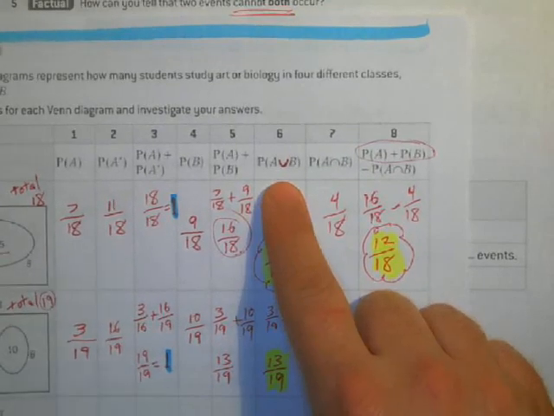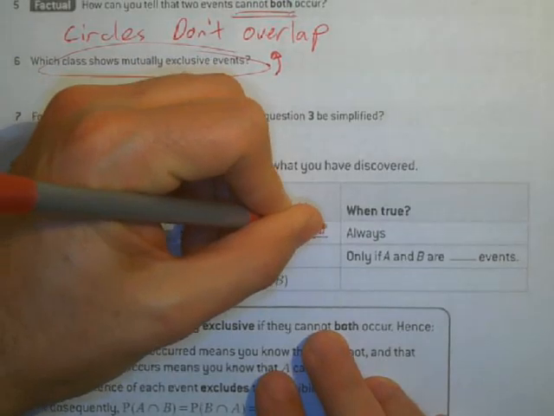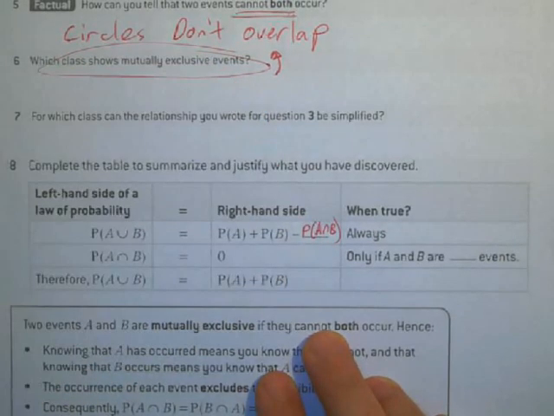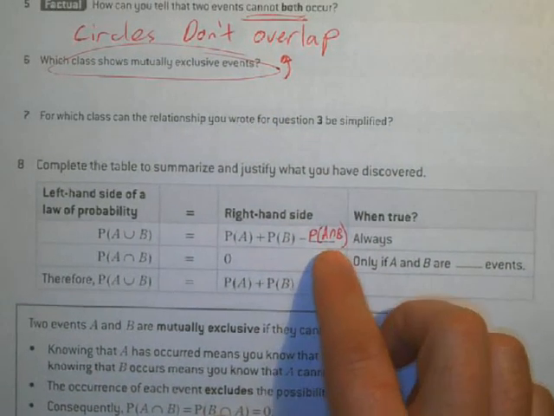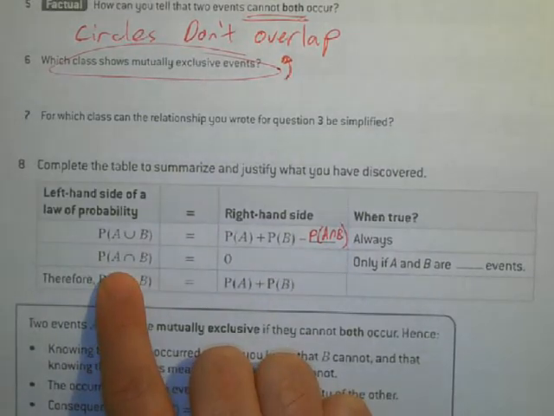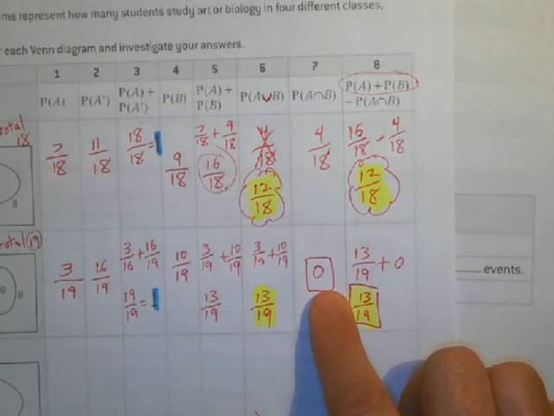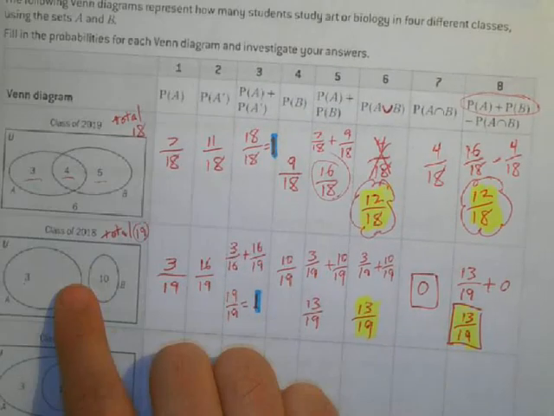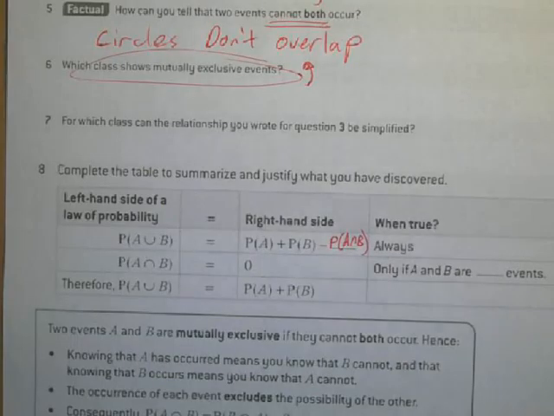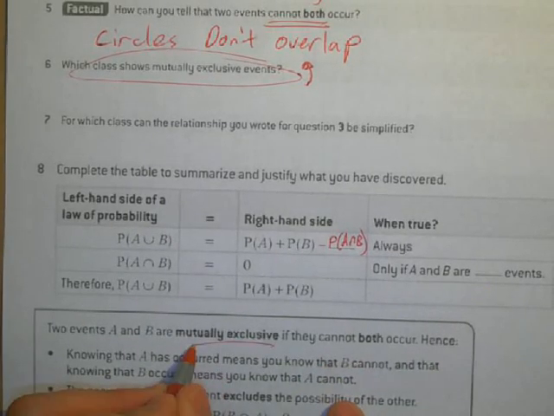We have to subtract the intersection of A and B. And that's always going to be true because we don't want the intersection to be counted twice. Okay, the intersection of A and B is equal to 0 when the circles don't overlap, and this is called mutually exclusive.